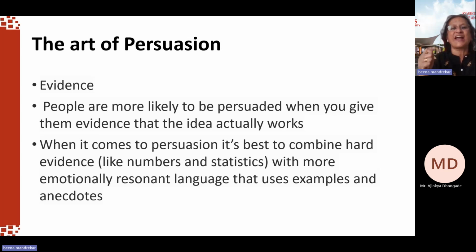They want hard facts. They want statistics. They want numbers. They want last month's sales. And they also want some emotionally resonant language, not just plain cold hard facts. So a good combination of emotional language and hard facts is evidence.